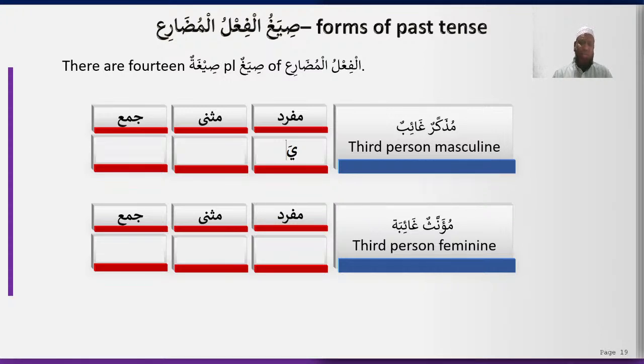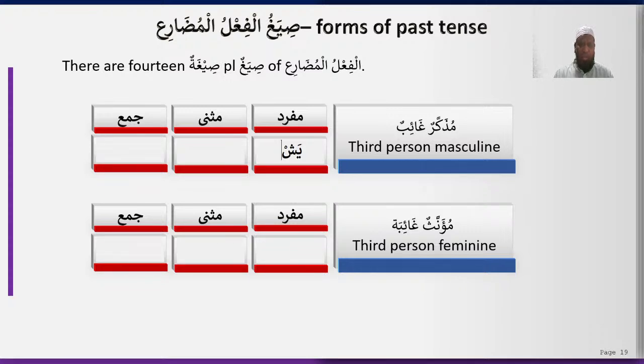So let's take a fi'l, shariba. What is mudari? We know the sheen is the fa'ul kalima. It is a sakin letter. Yash. What about the ainul kalima? The ra in shariba, ainul kalima.